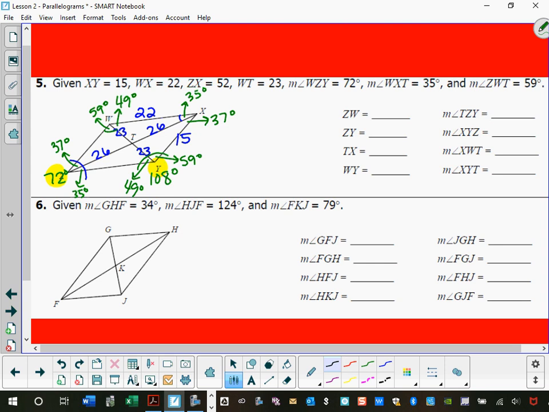So now our picture's a little messy, but oh well. ZW was going to be 15. This is the opposite side of XY. ZY would be equal to what? 22.